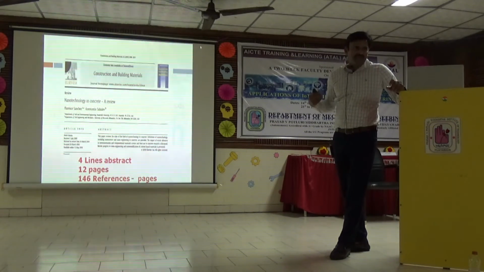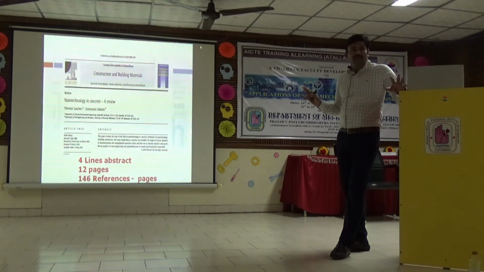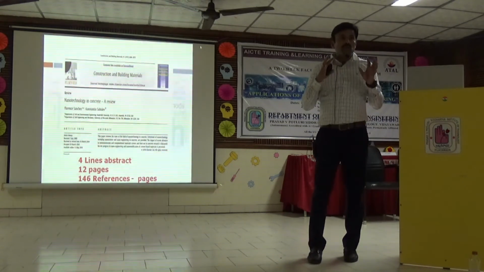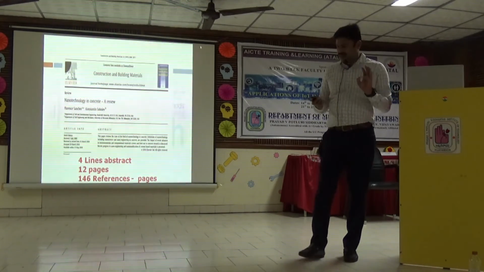So the complete review, what I mean to say: the abstract is only 4 lines, a 12-page review with 146 references. You have to go through such papers if you want to write a review paper in your area. Very, very important.